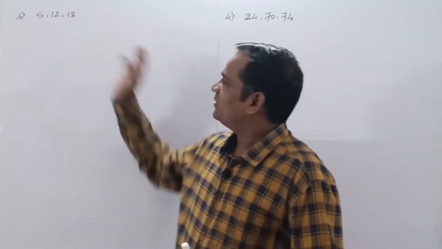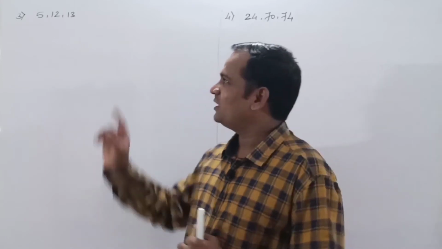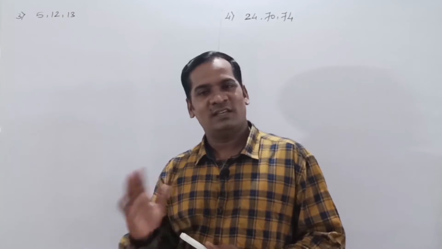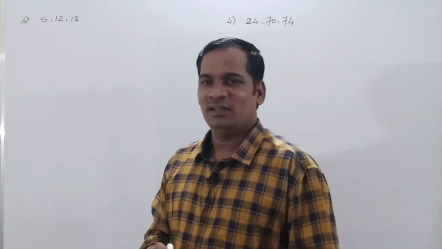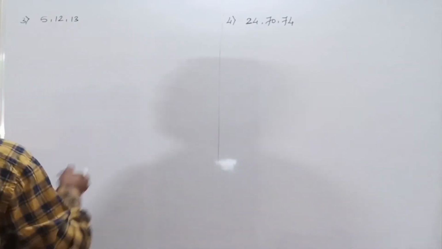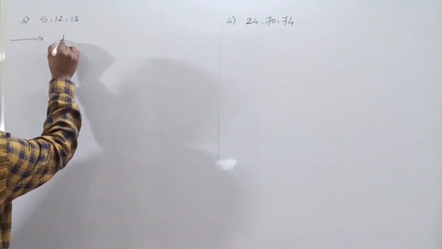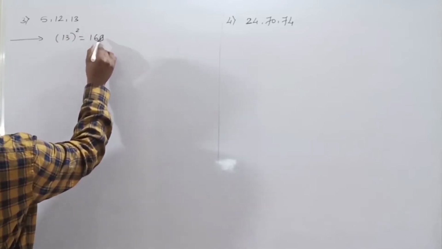Okay, now this is the third sub question from question number 1, in which three numbers are given: 5, 12 and 13. So let's check whether these three numbers are a Pythagorean triplet or not. For that purpose we have to take the largest one first of all. That largest one is 13, and 13 whole square is equal to 169.